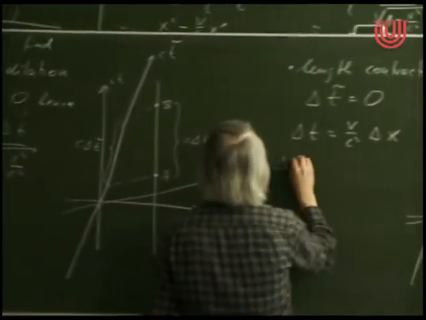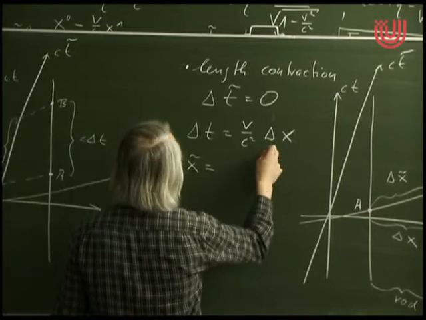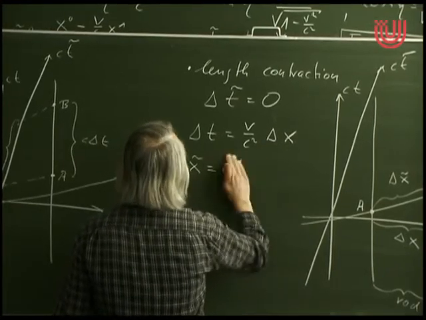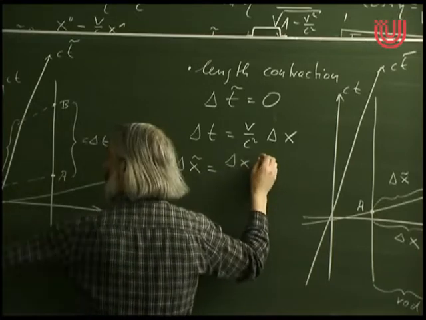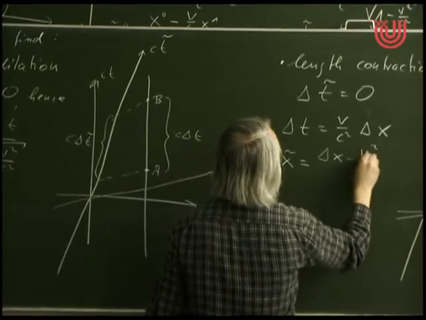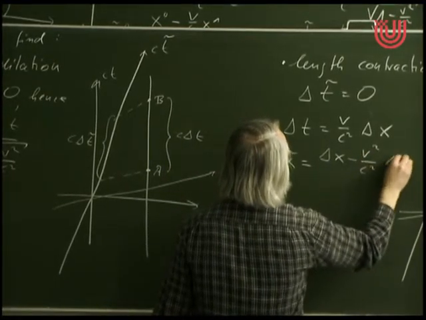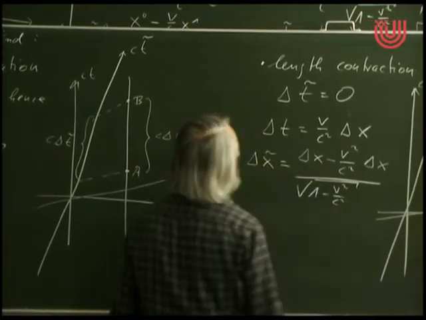So I have delta x tilde is delta x, no, I eliminate the delta t. So I write delta x minus v times delta t. v times delta t is v squared over c squared delta x. Now I get the square root of 1 minus v squared over c squared.